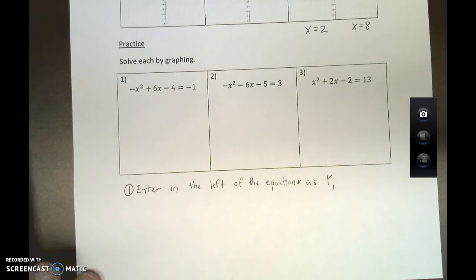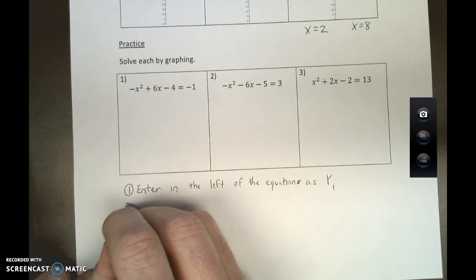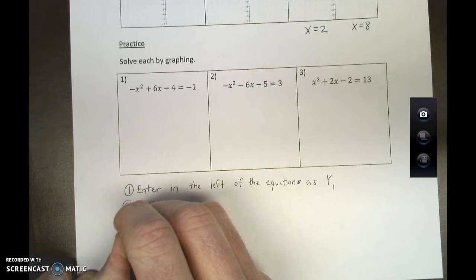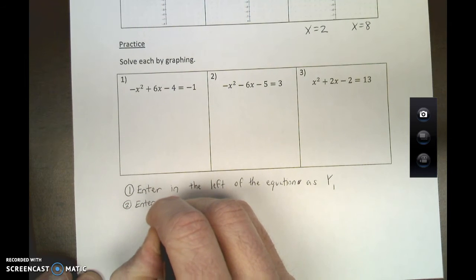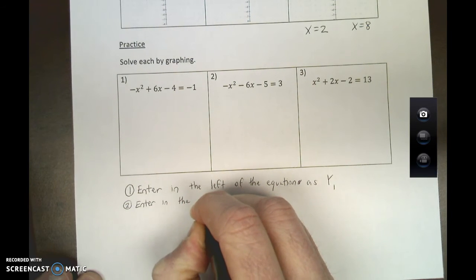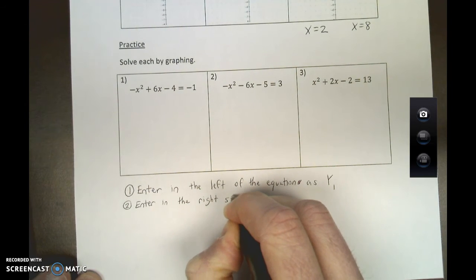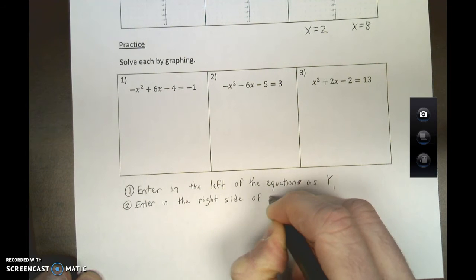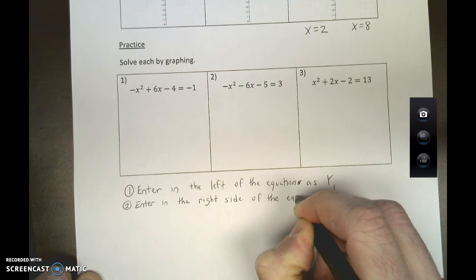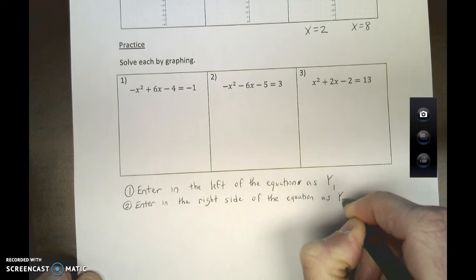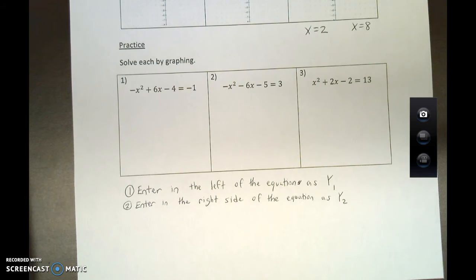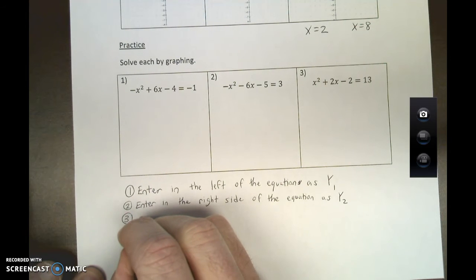So we're going to take the left side of the equation and plug it in for y1. Step 2 will be enter in the right side as y2. Then you press graph to see the graph.